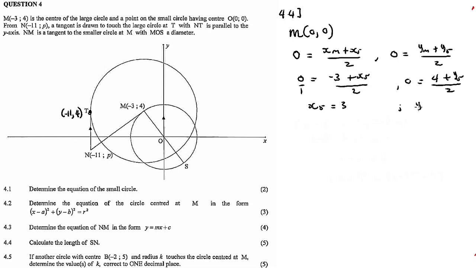And then ys will be equal to minus 4, because when I cross multiply I get 0 on this side, and then when I transpose the 4 it becomes negative. So the coordinates for S are 3 and minus 4.